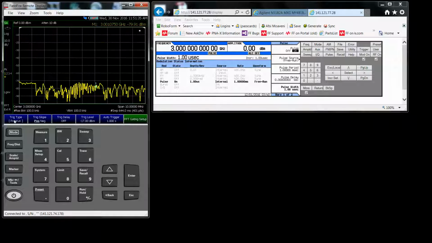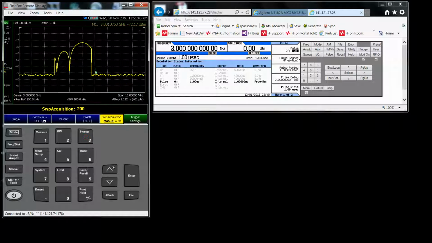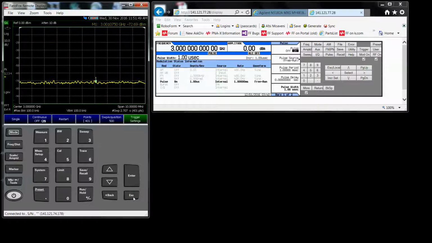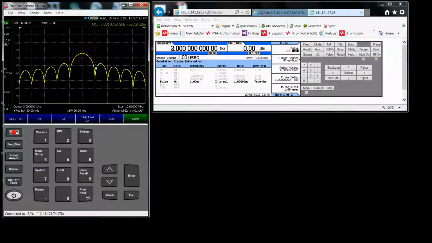Go back to free run, and I can turn auto trigger off. I'd have to increase my sweep acquisition even more to try to capture this pulse. We did this earlier. You have to play with the settings to capture the pulse. It's more difficult. Or the other option is to use the pulse measurement mode.